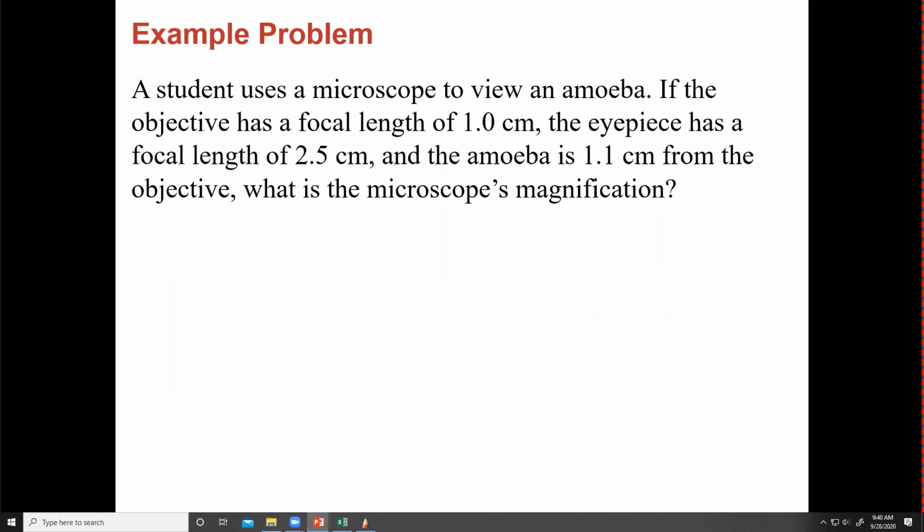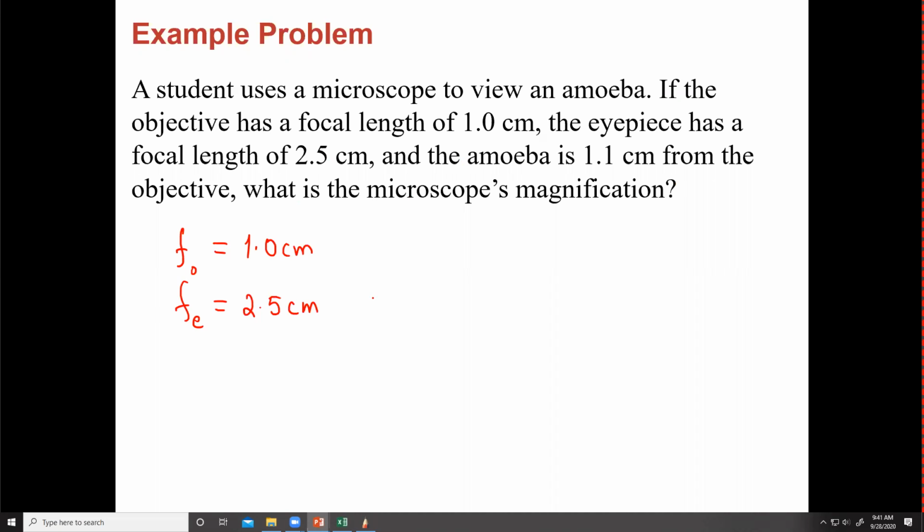Let's look at another problem here. Now this one has both objective and eyepiece. A student uses a microscope to view an amoeba. If the objective has the focal length, so we have FO is 1 centimeter, and the eyepiece has the focal length of 2.5 centimeters, and the amoeba is 1.1 centimeters from the objective.